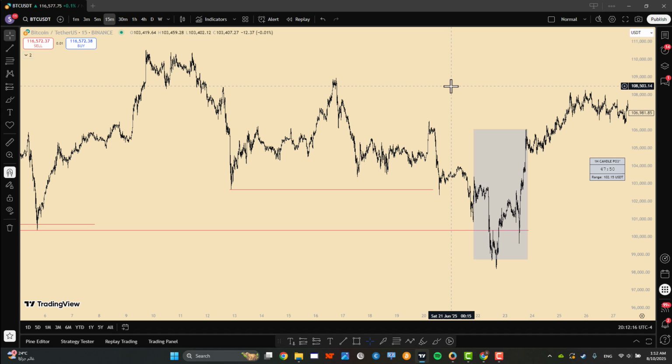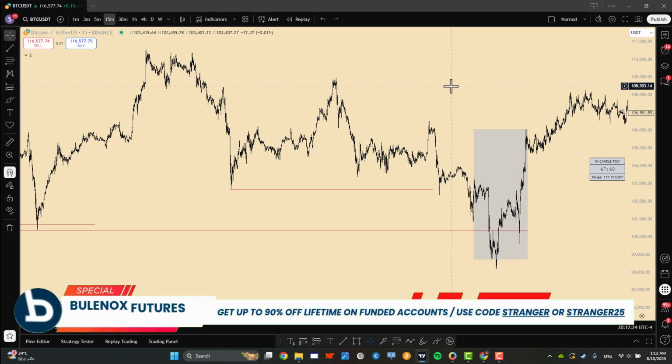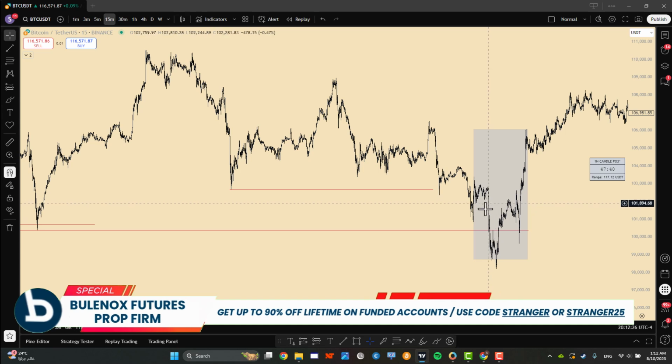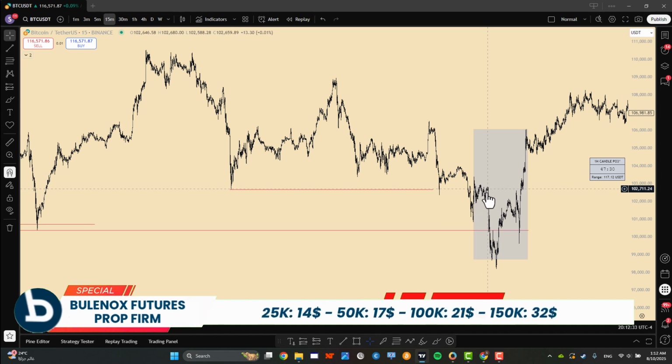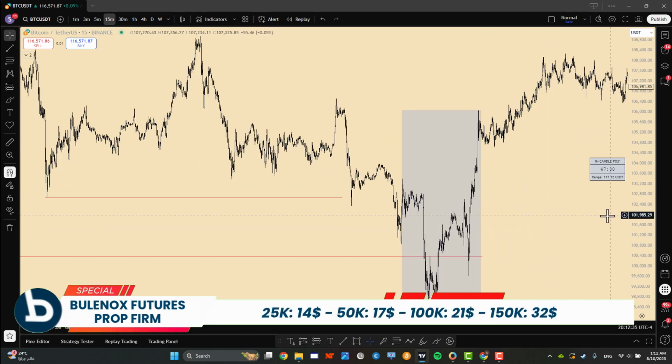Another note is that low probability liquidity pools, you can identify them by measuring the strength of that reaction. If price fails to react strongly after a pool is taken, it often means continuation in that direction. For example, price trades to here and you don't see this big displacement or V-shaped recovery. You can also notice this pattern, which happens a lot.